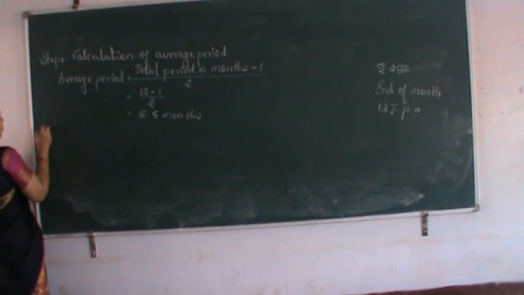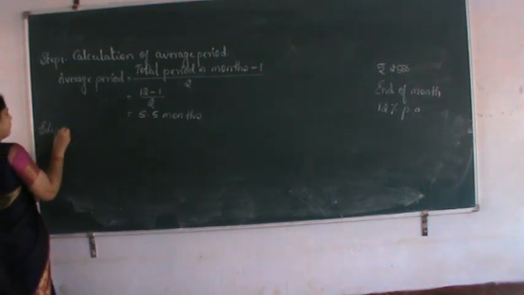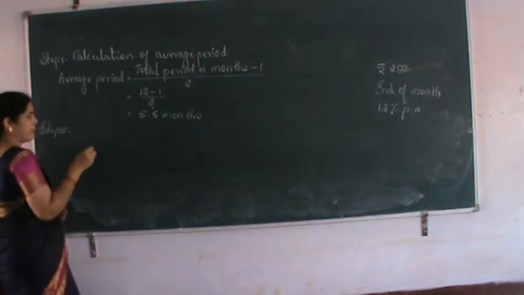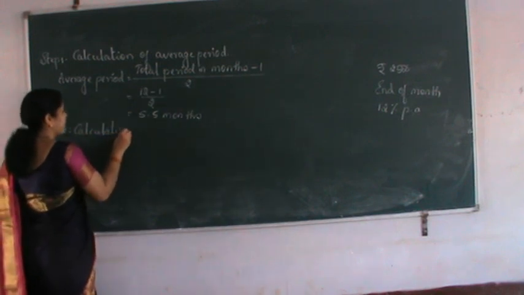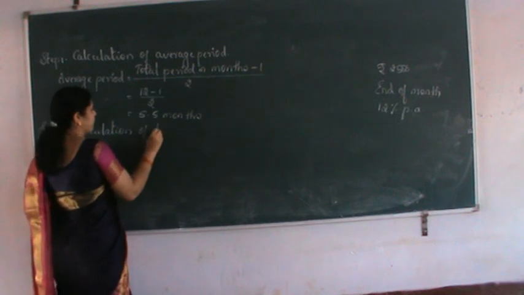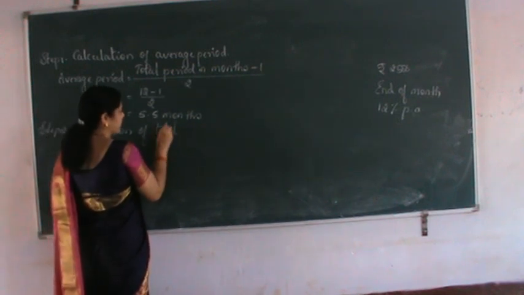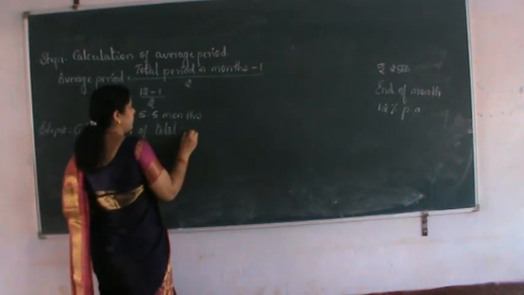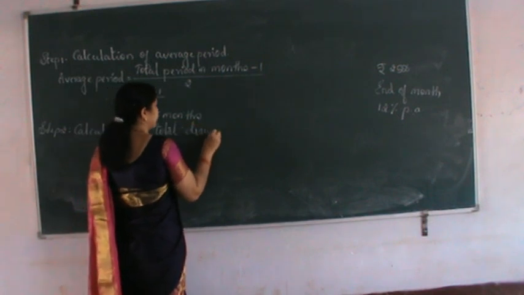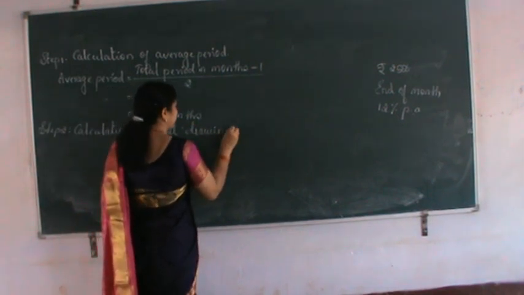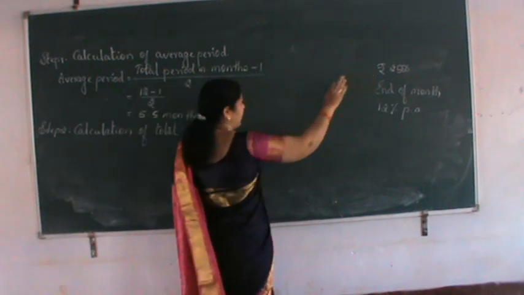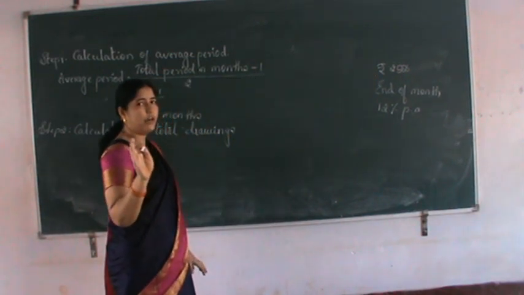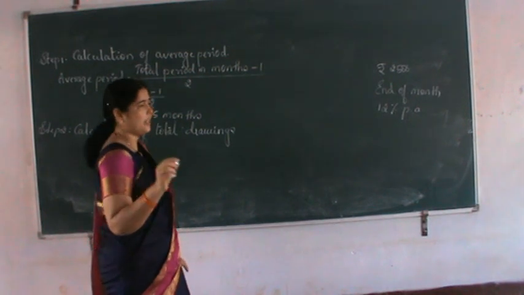Then step 2 is calculation of total drawings. Here it is clearly given that every time the partner is withdrawing an amount of 2,500.